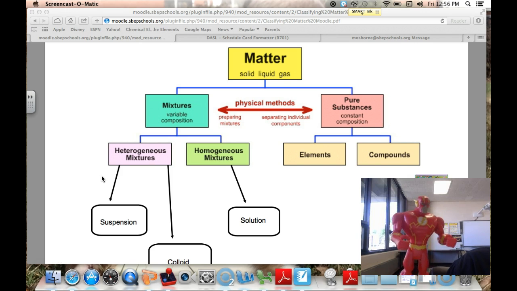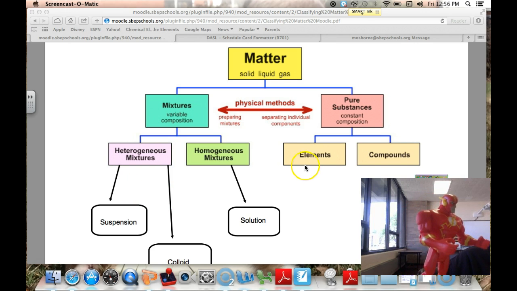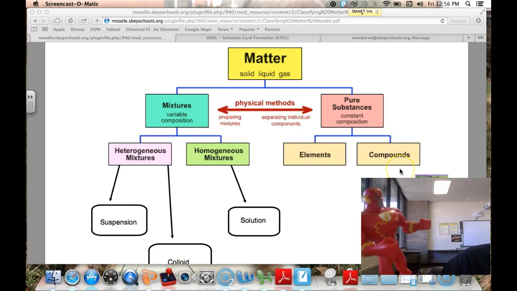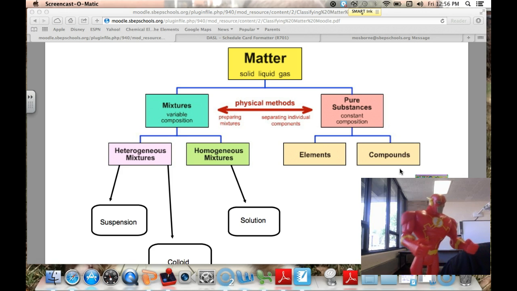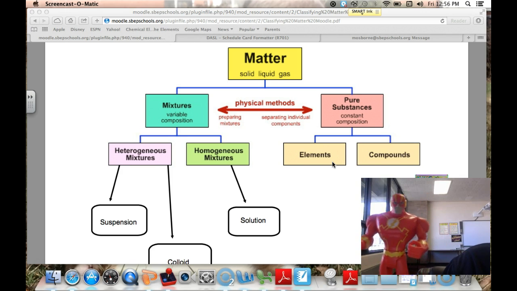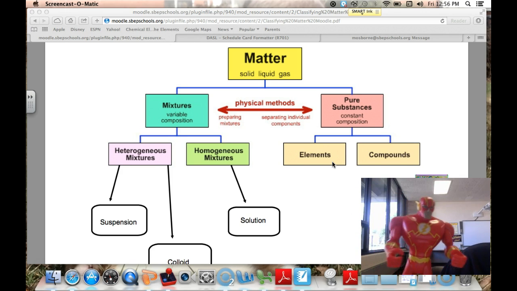For a pure substance, it will either be an element or it will be a compound. Elements are pure elements, just like off the periodic table. So, for example, that would be something like gold or oxygen.